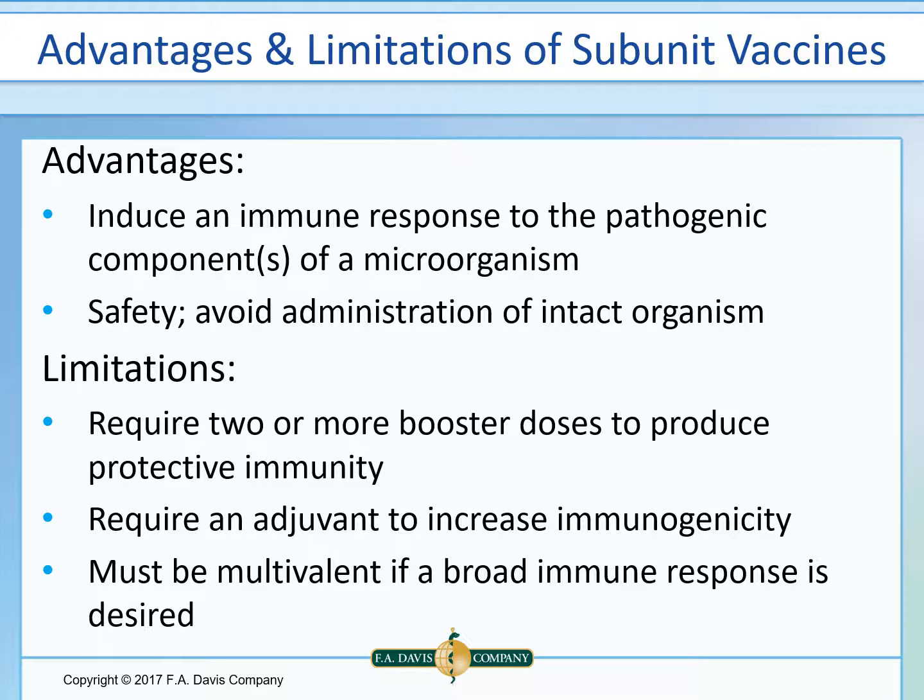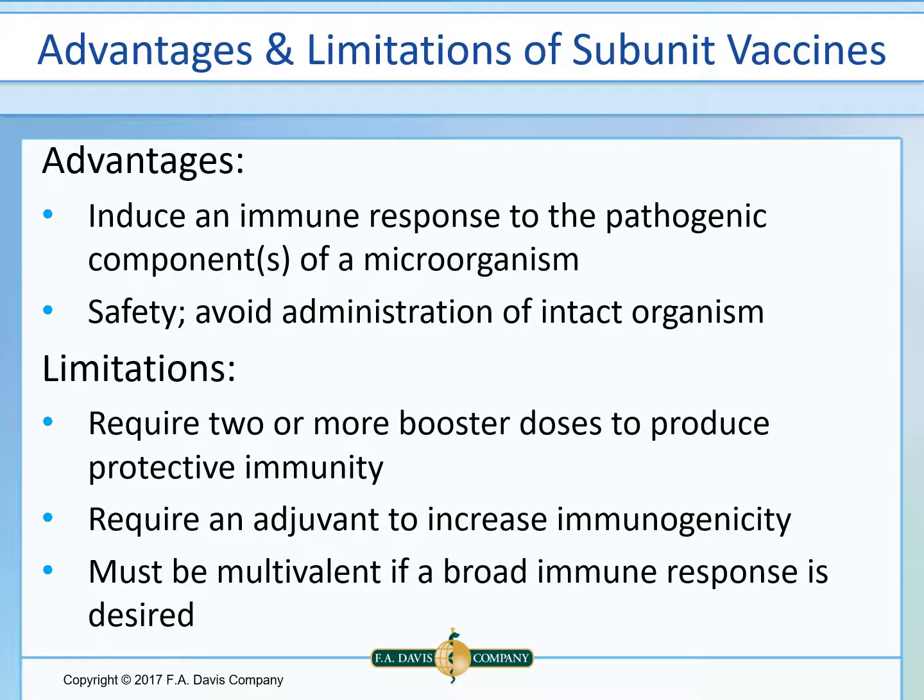The major advantage of subunit vaccines is the fact that they induce an immune response to pathogenic components specifically of a microorganism. They're safer because you avoid the administration of an intact organism into the host.